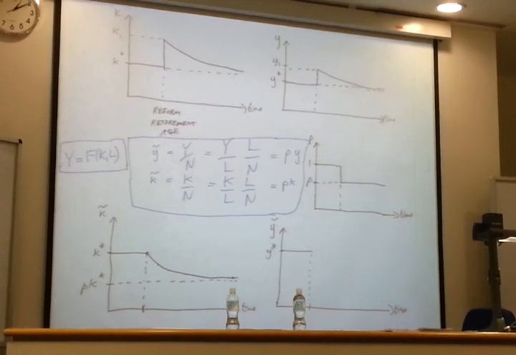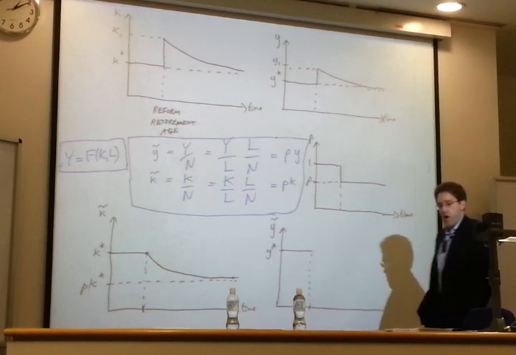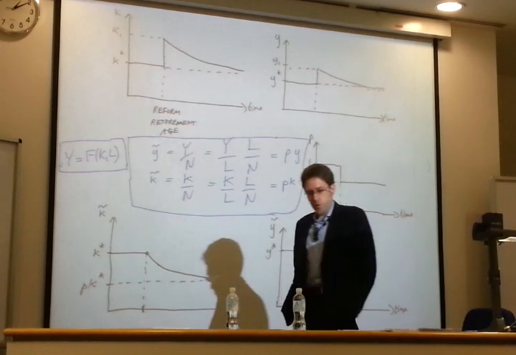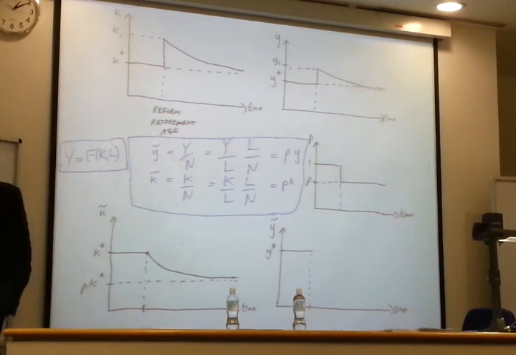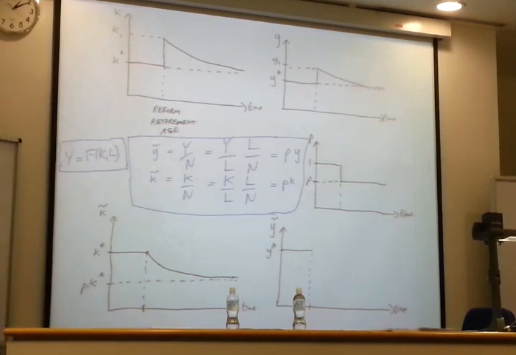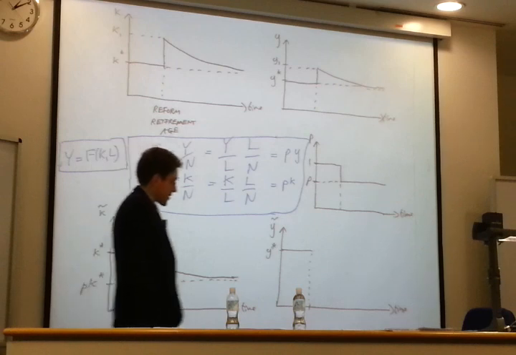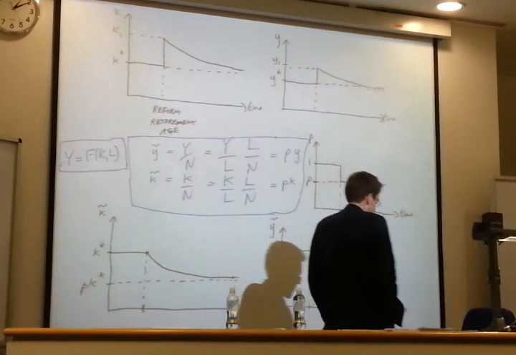Where's it going to go in the long run? What's the transition from short run to long run? What actually happens immediately after this rise in the retirement age? Imposition of a retirement age.